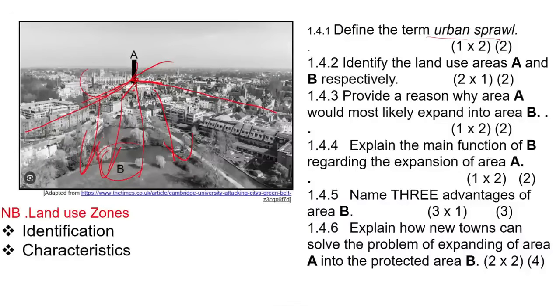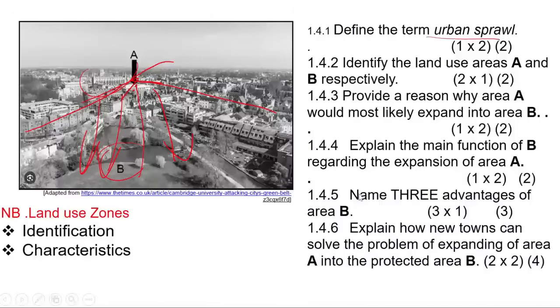It's now taking over the area that was left for a particular purpose, to make this area cooler and to make this particular area beautiful. Now this area is going to grow into this one, and this is what we call urban sprawl.